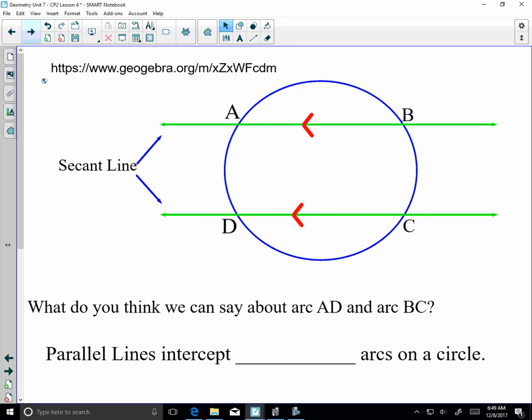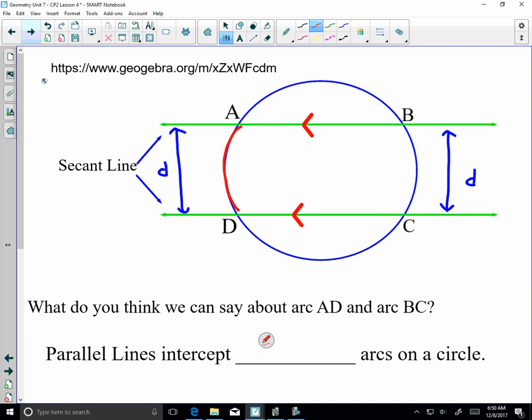We've got secant lines cutting through, and the secant lines are parallel. So remember what we know about parallel lines. We know that this distance and this distance are equal to each other. So if those distances are equal, it makes sense that this arc and this arc are equal to each other.